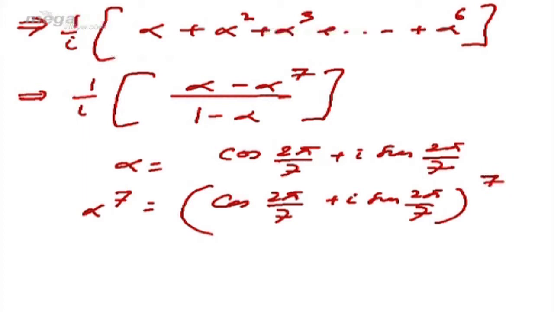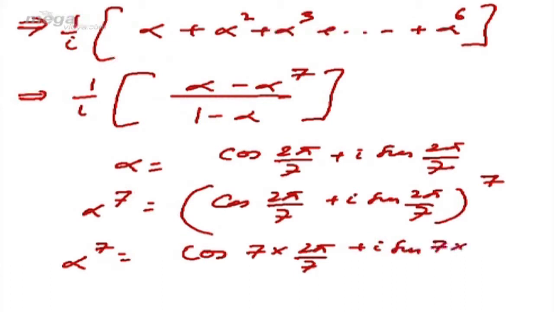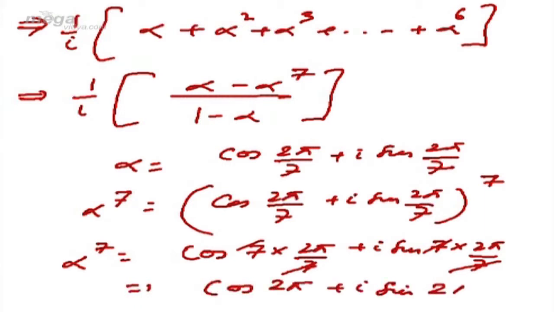By applying de Moivre's theorem, we can take 7 inside the bracket. So this will become cos 7 into 2 pi by 7 plus I sin 7 into 2 pi by 7. 7 cancels out. This becomes cos 2 pi plus I sin 2 pi, and that is equal to 1.